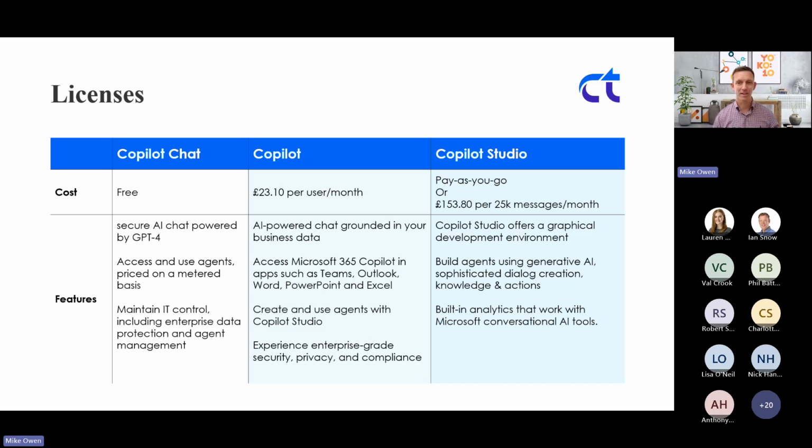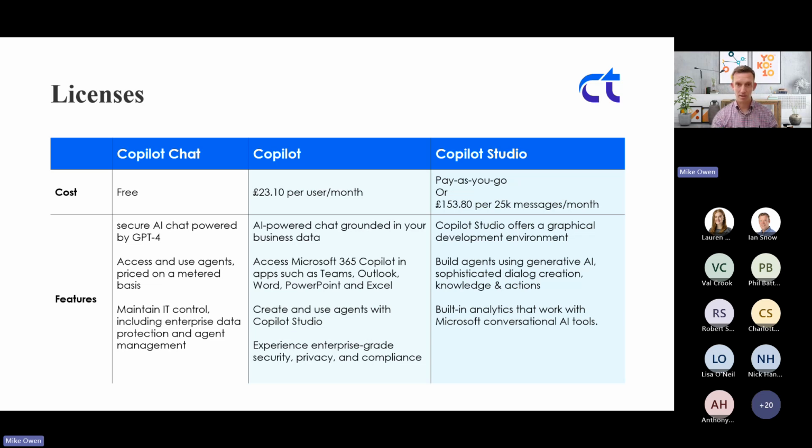Different types of response carry a message count. It's Microsoft licensing. It was going to be more complicated than it sounded. So if a Copilot has to go and interrogate a number of documents in order to formulate a response, that's going to accumulate more messages. If you ask Copilot to execute a task via Power Automate, that also has an allocation of messages. It's not just a single unit.